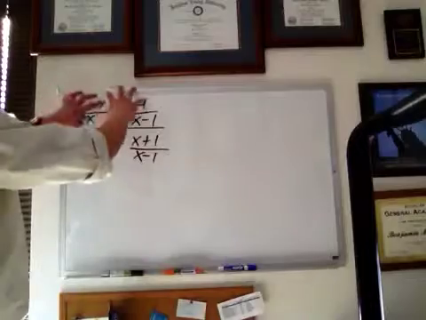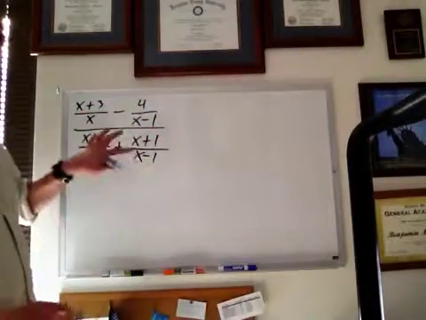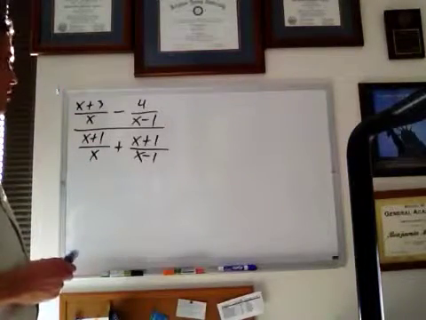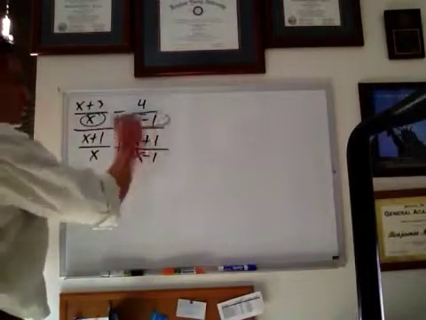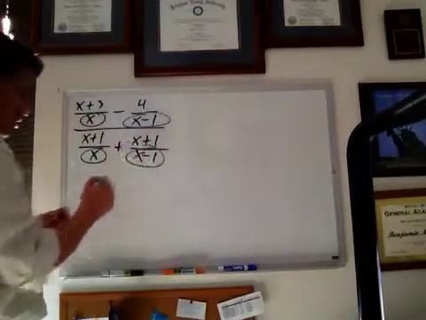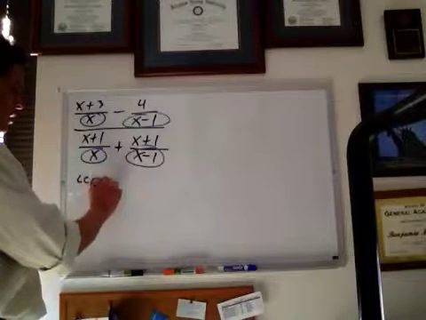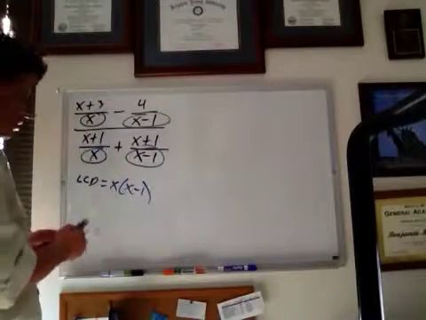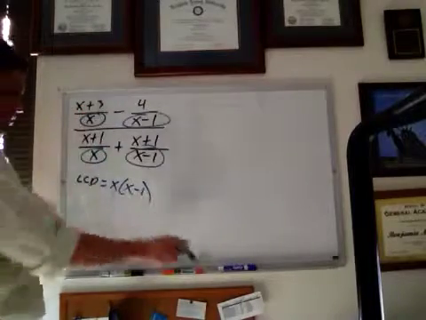So what method 2 is, it's this. Instead of making one fraction here and one fraction here and then inverting and multiplying the bottom fraction after you make the one fraction on each top numerator and denominator, what you do is you look at all your little denominators here and you look at the LCD with what you've got there. In this case, it's x times x minus 1. And so what you do is you multiply each one of these little fractions.